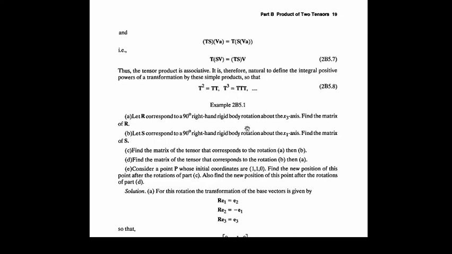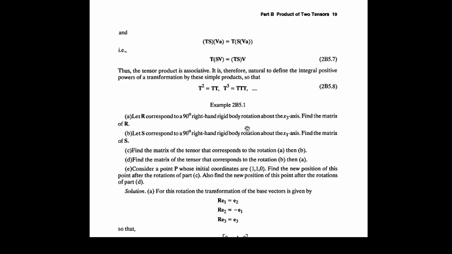And we have rotation about x3 axis, so x3 axis will not change, it will remain unchanged. Suppose that we have angle theta as in example 2b 2.3. So we need RE1, RE2, RE3 to write the matrix of R, that is how this transformation R will change E1, E2 and E3.